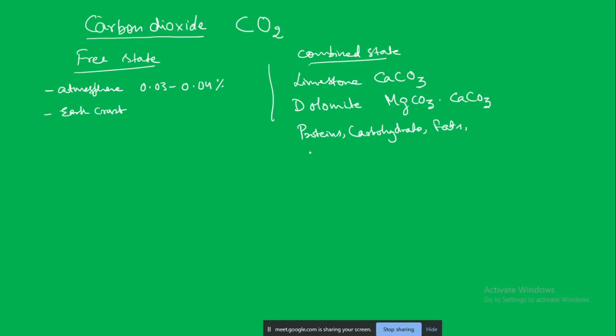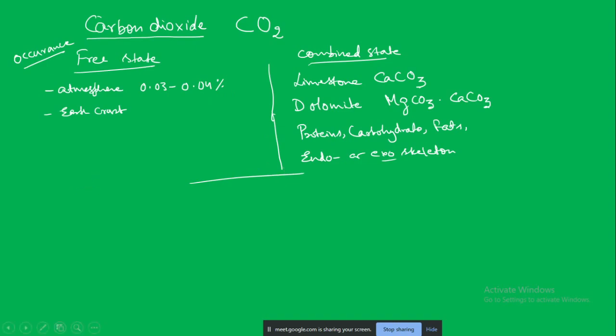It may also be present in the endoskeleton or exoskeleton of animals. Endoskeleton means bones, like the human skeleton, and exoskeleton means the outer covering like in crabs and shells. So carbon dioxide occurs either in the free state or the combined state.